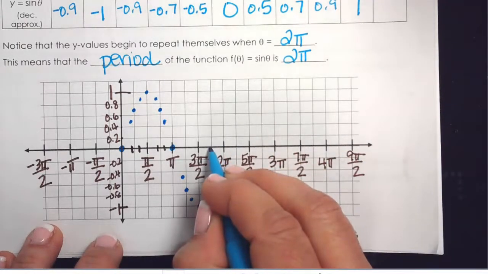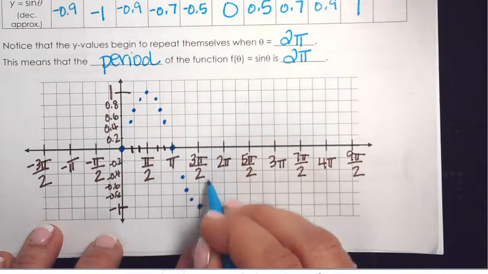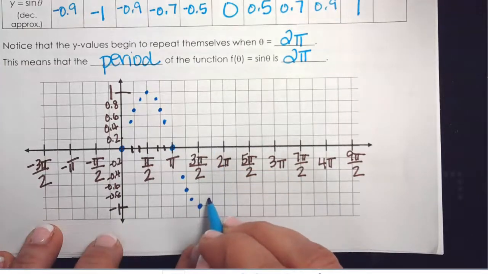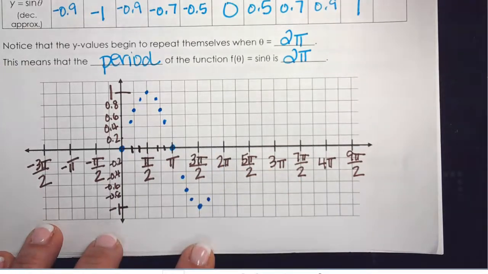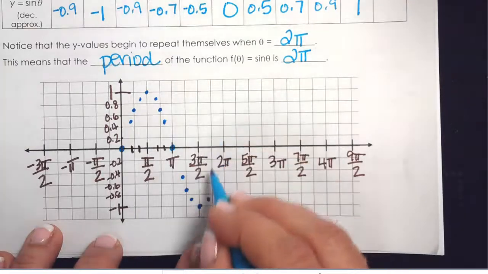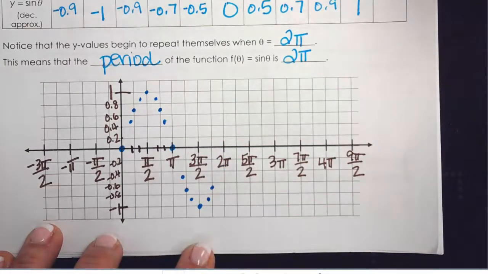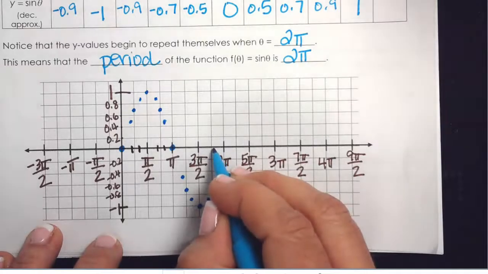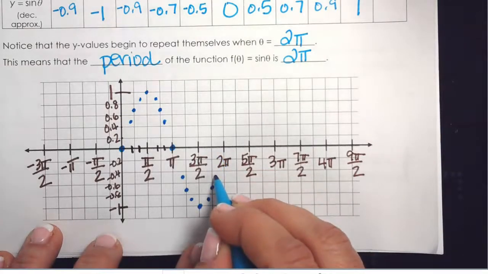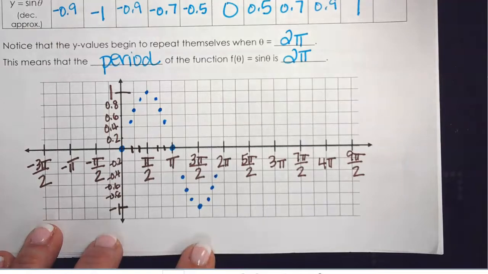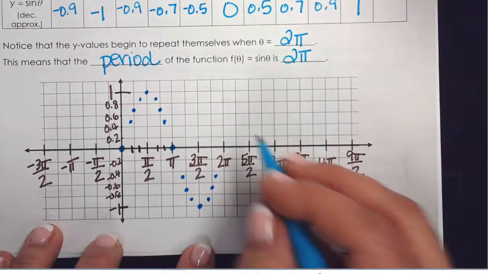So we go to the right, 5 pi thirds is going to be -0.9. This line, 7 pi fourths, is going to be -0.7. A little bit to the right, 11 pi sixths is going to be -1/2 or -0.5.